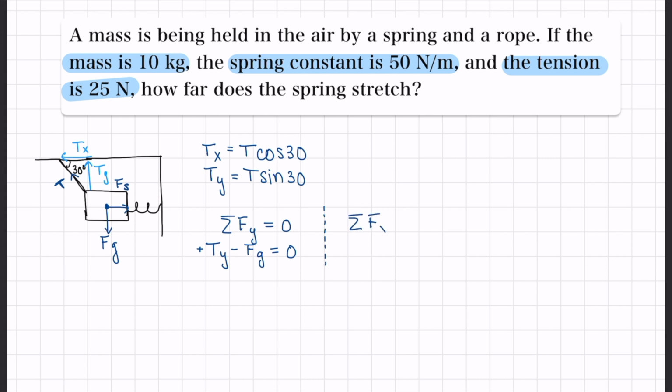But we're really interested in the sum of the x forces, which will also be equal to 0. We'll have positive spring force minus Tx equals 0. We can substitute in that Fs is negative k delta x, and that Tx is T cosine 30. We can add the T cosine 30 to both sides.